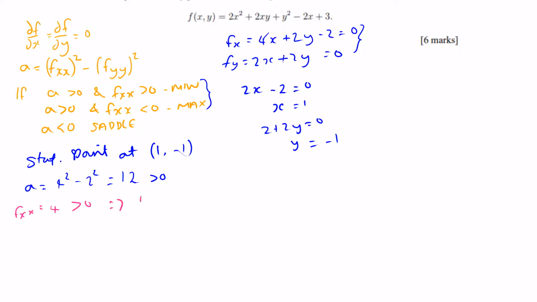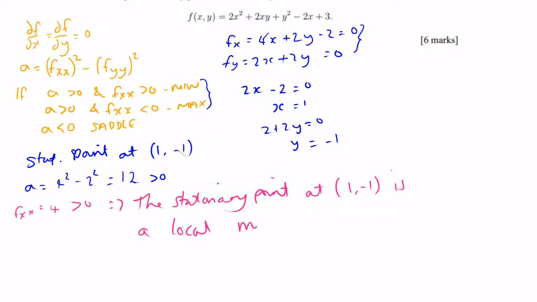Therefore, the stationary point at (1, -1) is a local minimum. And that is how we find and classify stationary points of a three-dimensional function.